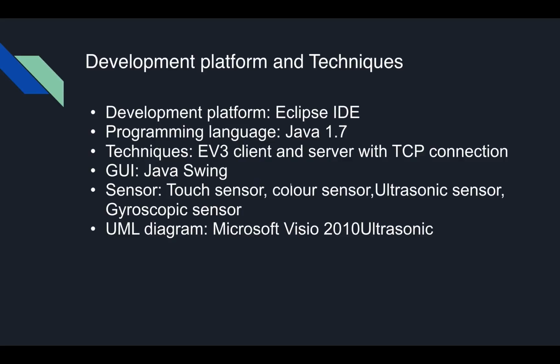We use Java Swing for GUI support, and we use touch sensors, color sensors, an ultrasonic sensor, and a gyroscope sensor for programming. We also use Microsoft Visio 2010 for UML diagrams.